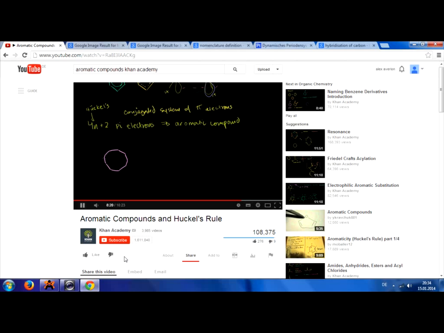So 1, 2, 3, 4, 5, just like that. You can imagine these guys could flip around, but this would also be an aromatic compound. This has 10 pi electrons. Each of the carbons have a pi electron, or you could count the pi electrons on each end of these pi bonds. 1, 2, 3, 4, 5, 6, 7, 8, 9, 10.